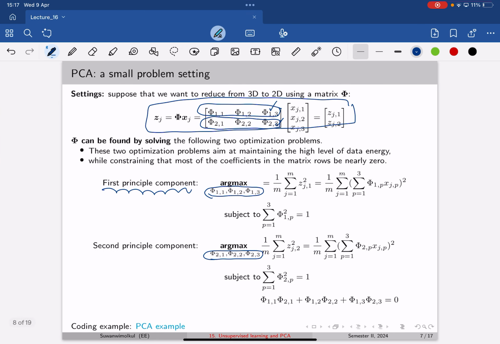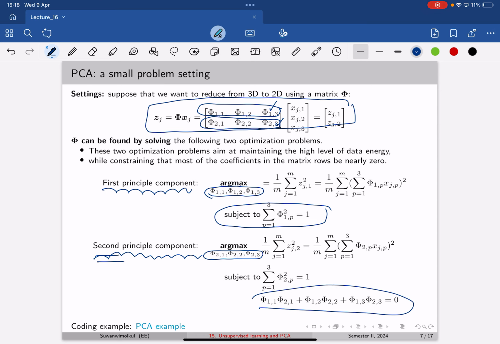That becomes the additional constraint. So if you compare the first and the second principal component, your first will only have this orthogonality, as in correlation of its own signal equal to 1. But for the second principal component, you would then have orthogonality between phi 1 and phi 2, I mean, row 1 and row 2.